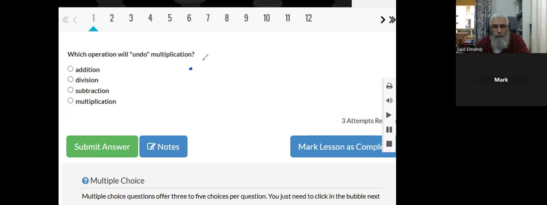What do you think? Division? Yes, correct. This means 5 multiplied by 3, divided by 3. Division is undoing the multiplication, so the result is 5.